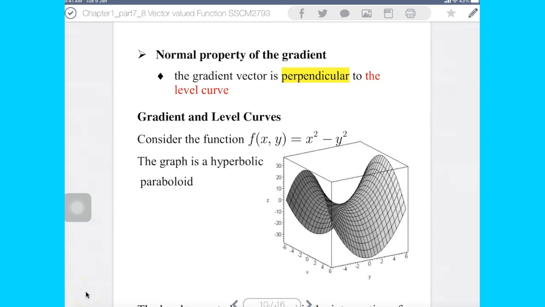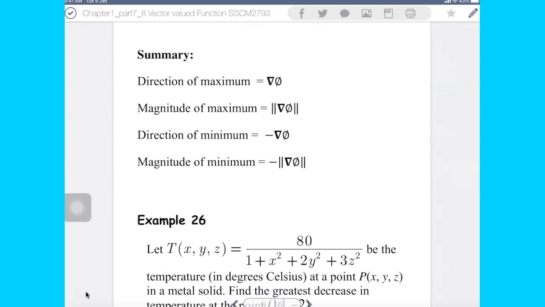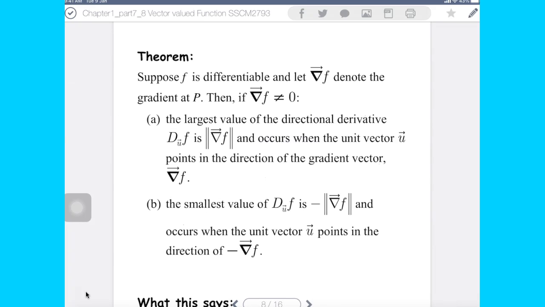Okay, so in the previous video, we stopped at the optimal property of the gradient, the continuation of directional derivatives. We want to determine in which direction, and what the maximum, minimum, or optimal value is, that we can have from the scalar function at some specific point.